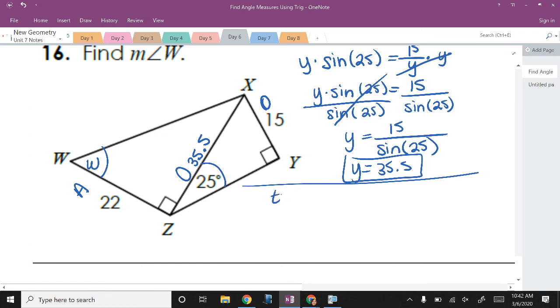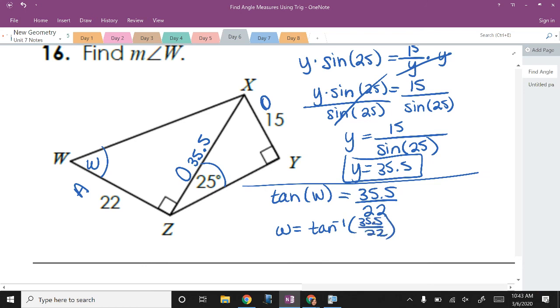So tangent of angle W is opposite over adjacent. So 35.5 over 22. Now, how do we find a missing angle measure, y'all? Got to use the inverse. So if we don't know angle measure, we have to use the inverse. So W equals inverse tangent of 35.5 over 22. Excuse my sloppiness right there.